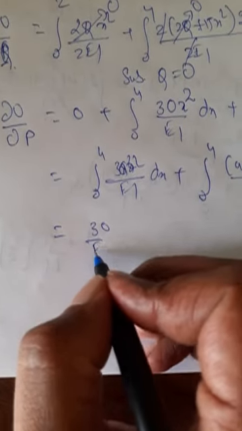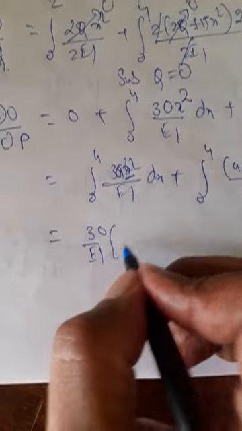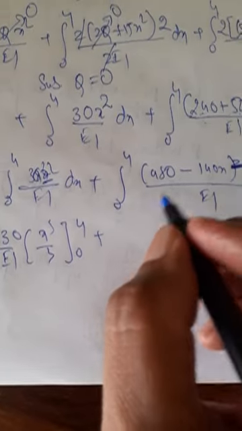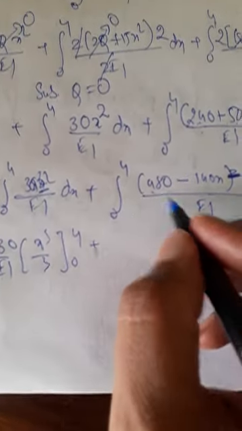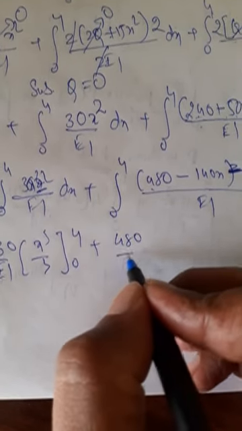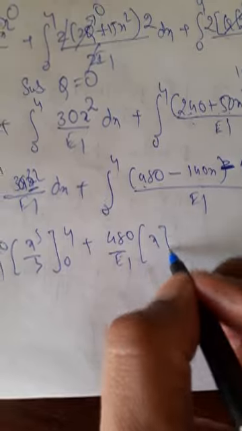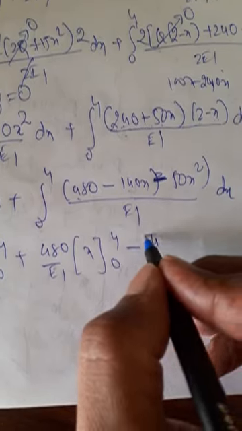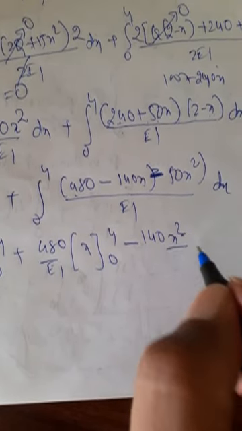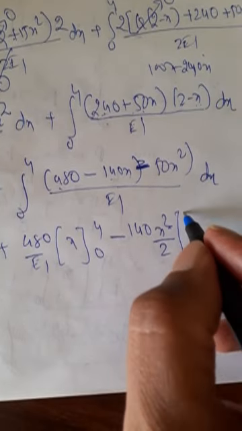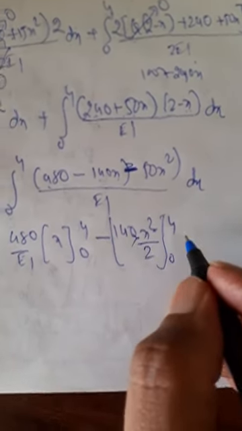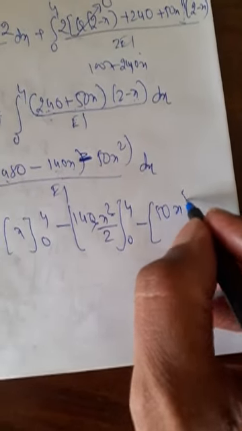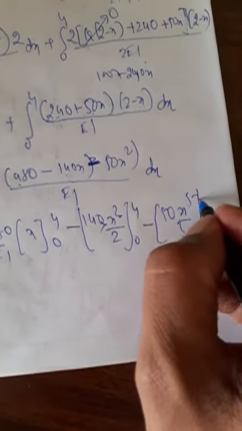Now start with integration. 30 by EI, integration of x square is x cube by 3, 0 to 4, plus 480 by EI, only 1 remains, so x from 0 to 4, minus 140 times integration of x, which is x square by 2, 0 to 4, minus 50 times x cube by 3, 0 to 4.